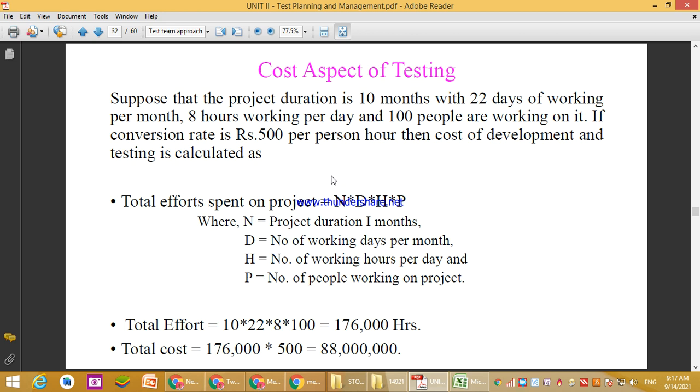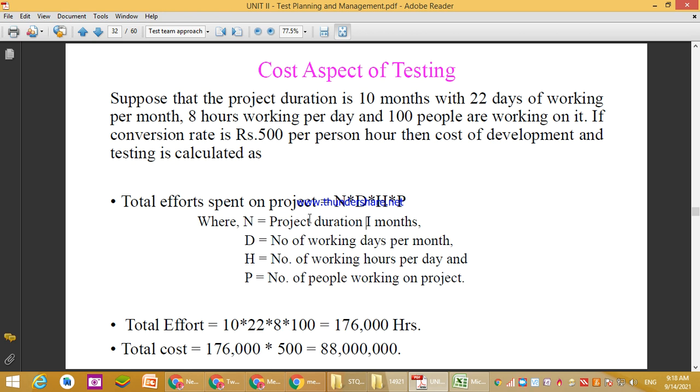calculated? Cost over year, total effort spent on project, that is N into D into H into P, NDHP. These NDHP are the variables. What exactly does it mean? Where N is the project duration in months, D is the number of working days per month, H is the number of working hours per day, and P is the number of people working on the project.